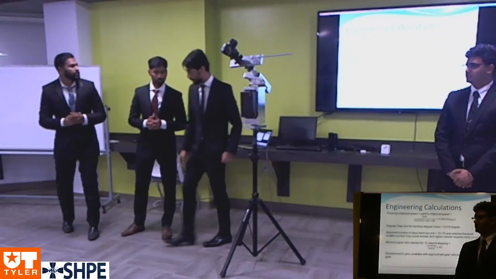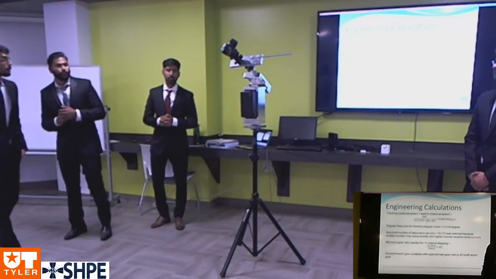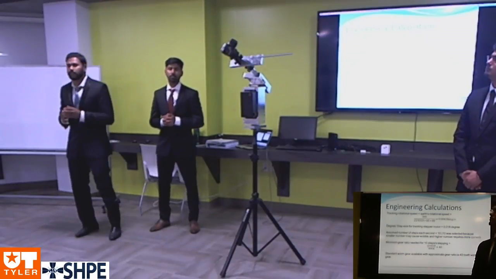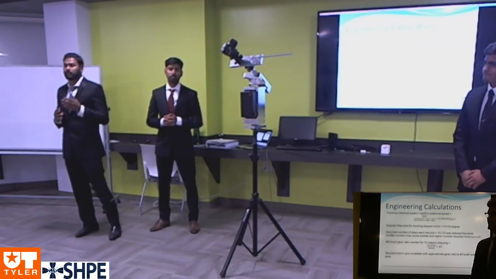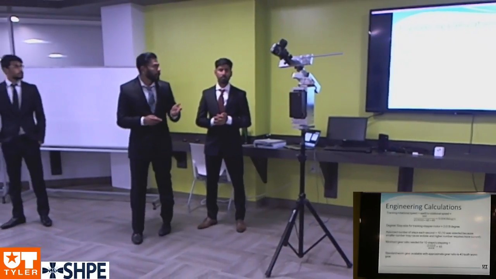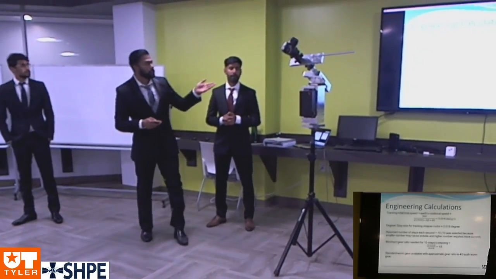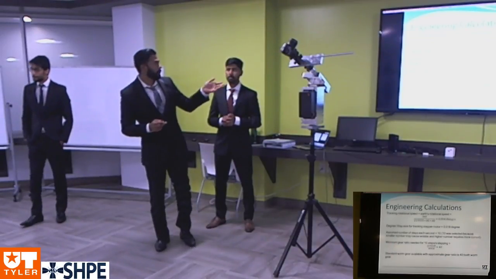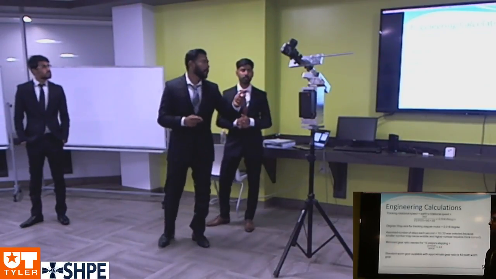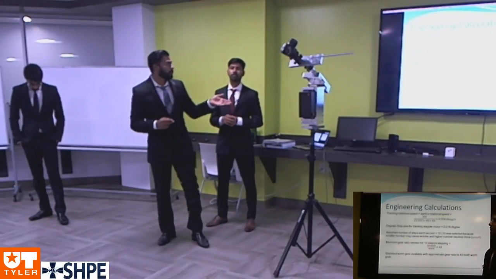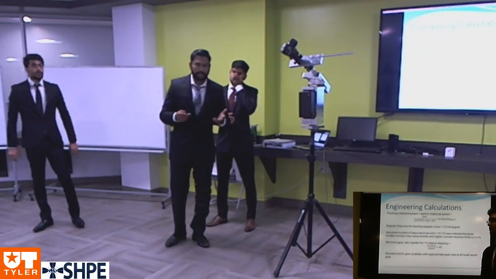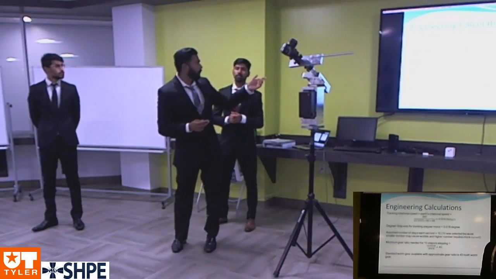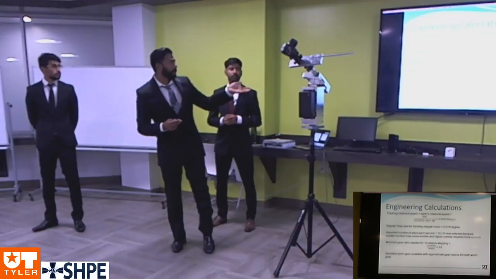All right, this is one of the most important calculations we have done, because the tracking is the most important part here, right? For tracking, it has to match Earth's rotation speed. Earth's rotation speed is 0.00418 degrees per second, and we had to match our motor with that speed. The stepper motor we had has a 0.018 degree step size, and we assumed the step to be 10, and we calculated a minimum gear ratio of 43.